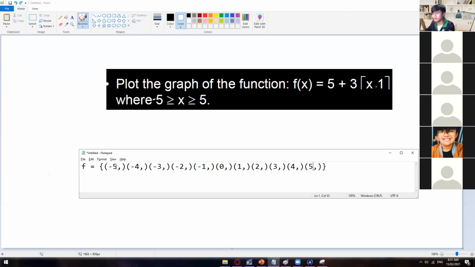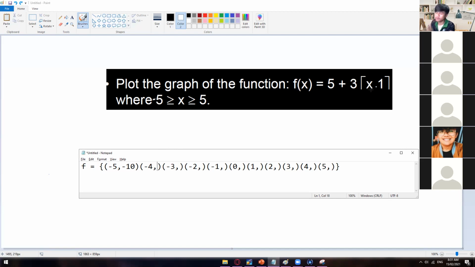All right, so if we have a value of -5 for this x, so -5.1 will become -5, right? So -5 times 3 is -15. -15 plus 5 is -10. I just did it manually. I hope you guys were able to follow how we got this -10. Yes, sir. So for the next one, we have here -4.